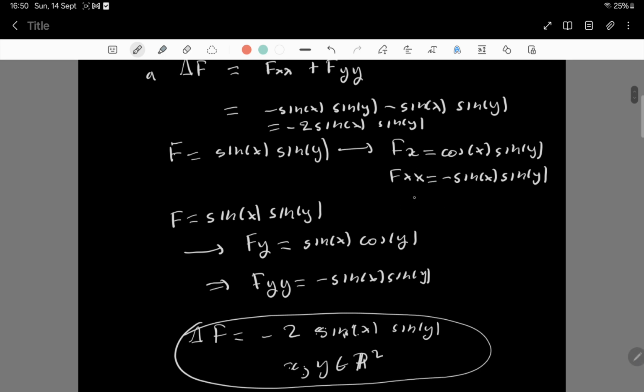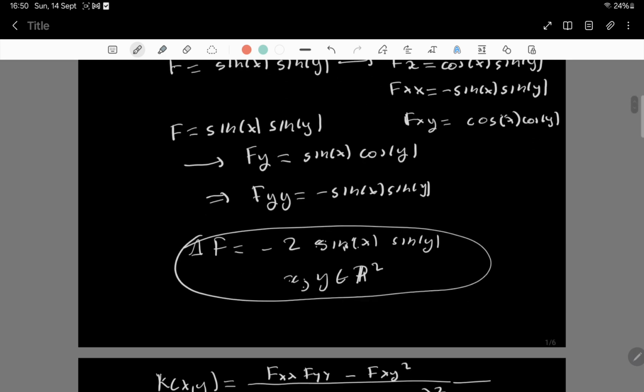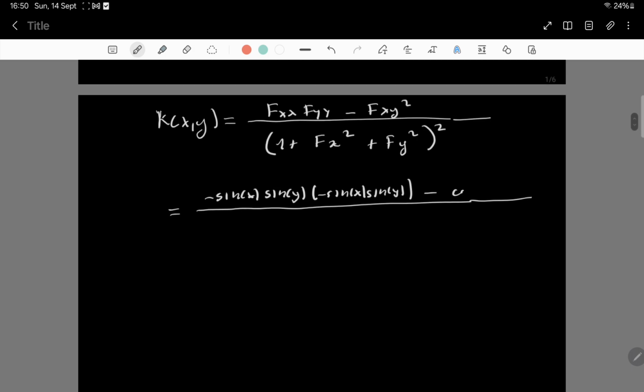We take the mixed derivative, f with respect to x, and then we take with respect to y, and when we differentiate with respect to y, that is going to be cos x cos y. So that's going to be cos x cos y squared.